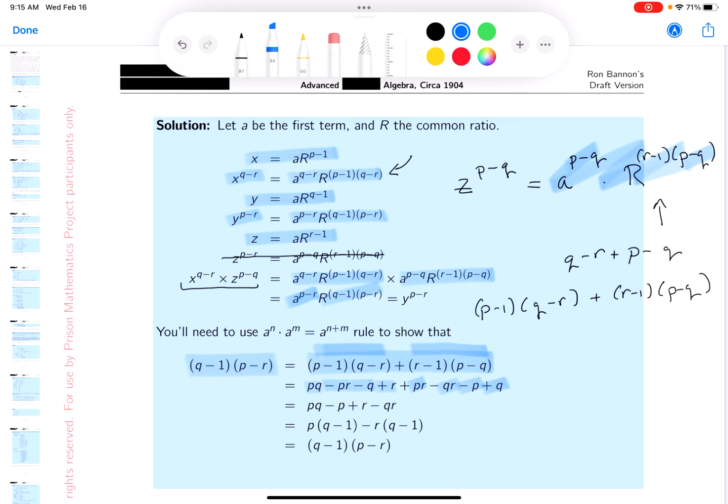Let me get my red pen out, and I'm going to start canceling things off over here. And I'm going to say the PR disappears. The Q disappears. And let's see what we end up with. We end up with PQ plus R minus P minus QR.